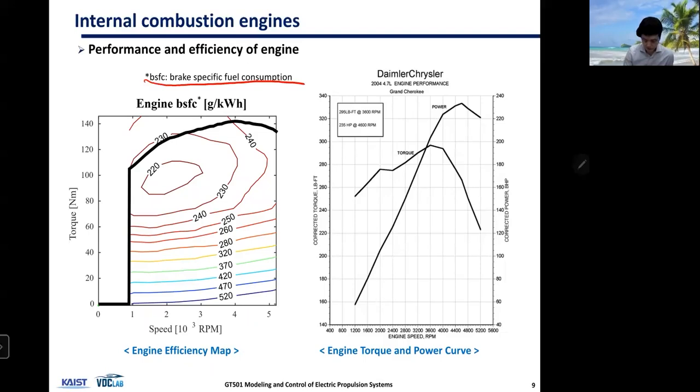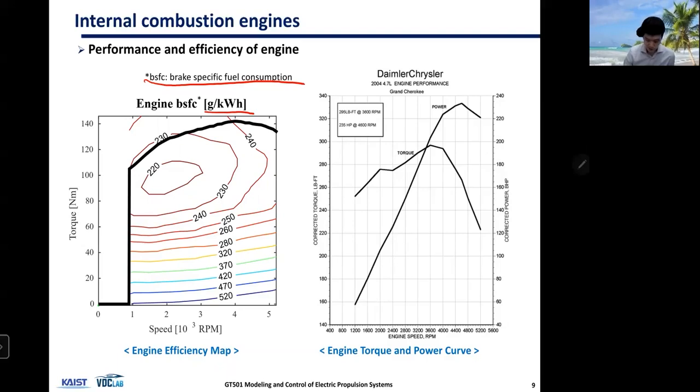So efficiency is output divided by input, but this is a fuel consumption rate. So the unit is gram per kilowatt hour. What that means is how many grams of fuel you burn for a given power output.